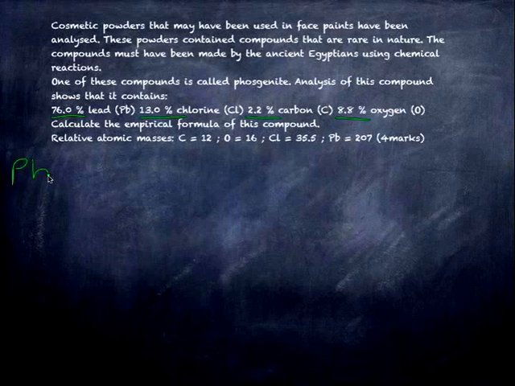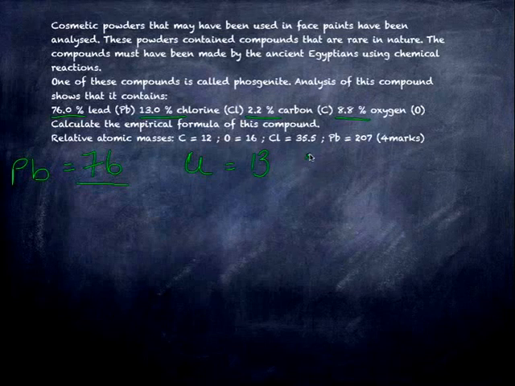So we write down what we know. I'm assuming here that we've got 100 grams of this particular substance, so 76% of it will be 76 grams of lead, and 13 grams of chlorine, 2.2 grams of carbon, and 8.8 grams of oxygen.